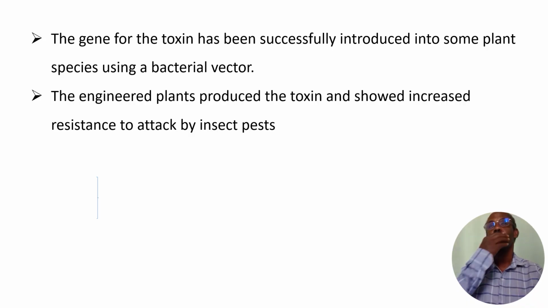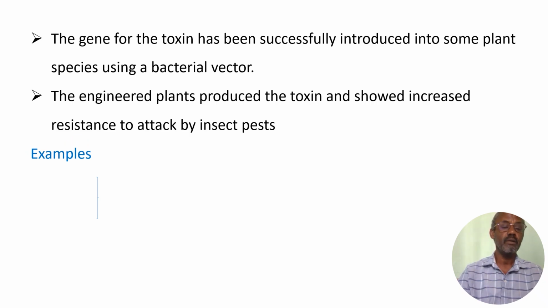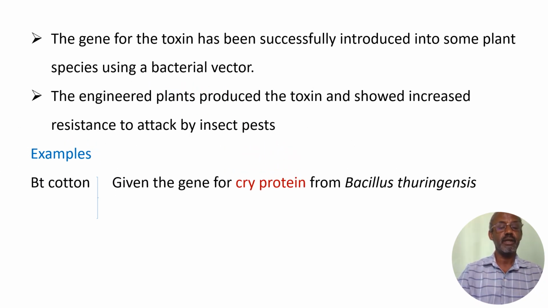Imagine you can give the gene for that toxin production to the plants, and the plants will have the genetic ability to produce that toxin so that they are able to kill insect pests which come to devour them. Examples are Bt cotton and also Bt corn. These two are given the gene for cry protein. Cry protein is a toxic protein that kills pests, obtained from Bacillus thuringiensis, of course.